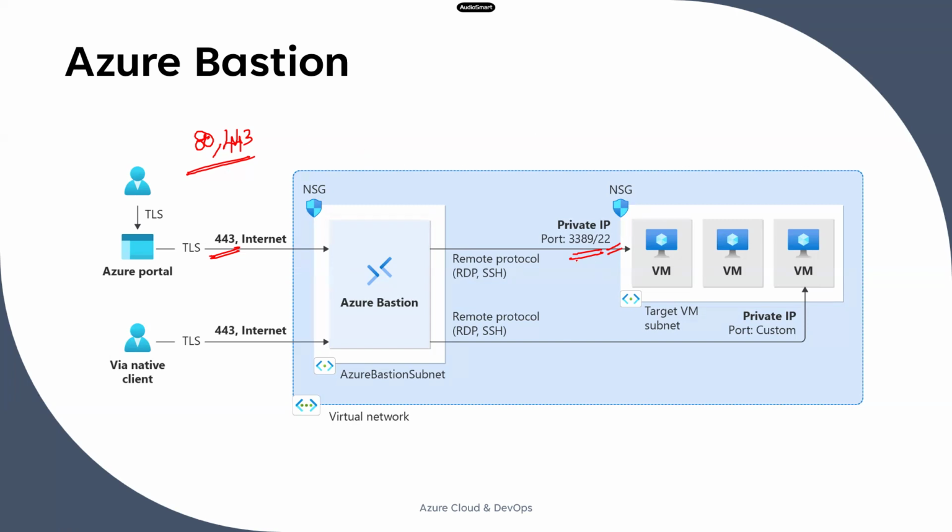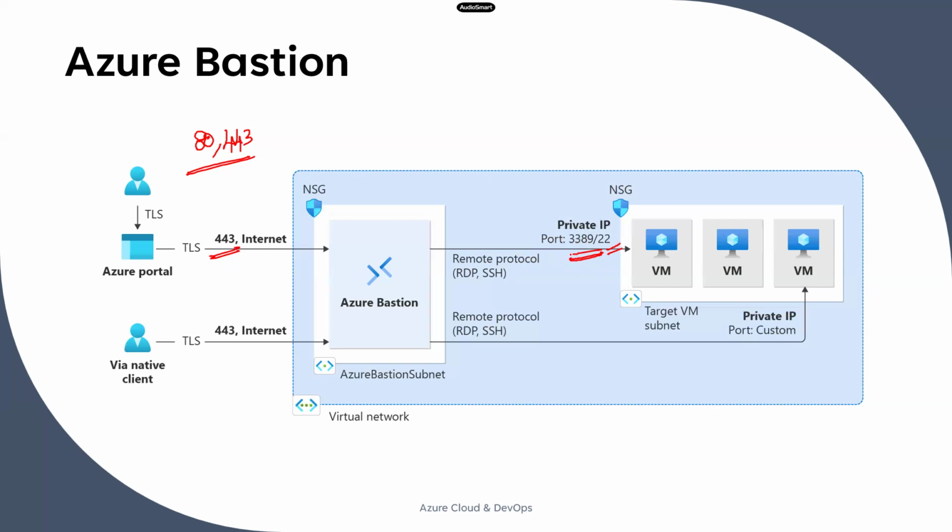It is a service that converts this 3389 to 443. Sometimes a company will not allow you to open this port. Then we can't use RDP, because to use RDP, port 3389 has to be open.